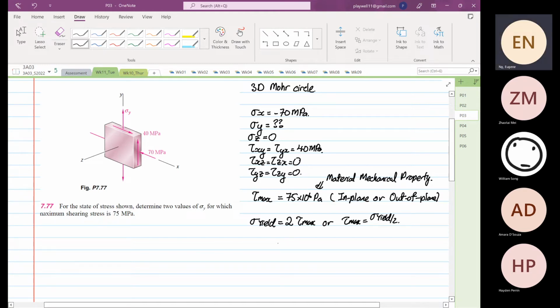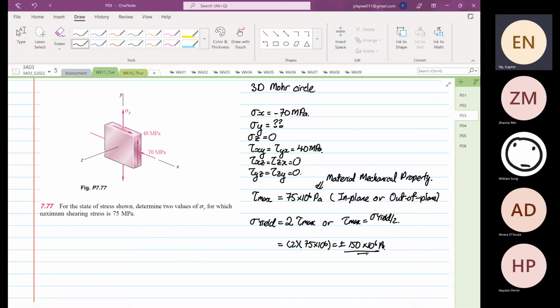So from here, we know that the maximum U stress is equal to 2 times 75 times 10 to the power 6. So this is equal to 150 times 10 to the power 6 Pascal, plus or minus. So these are all the information that we are given.